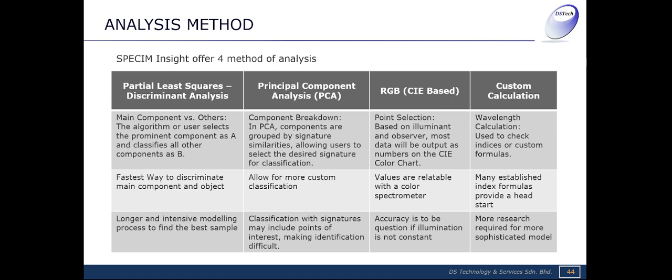So partial least squares, the PLS, is what we call discriminant analysis. What happens is that it identifies a specific type of sample and considers everything else wrong. A good example would be, let's say you have a room.